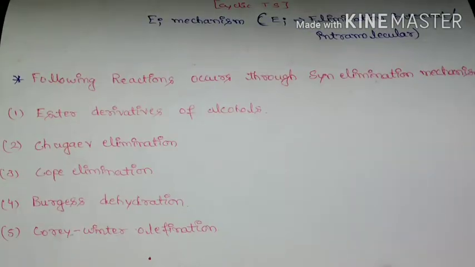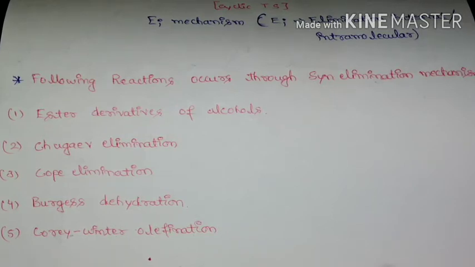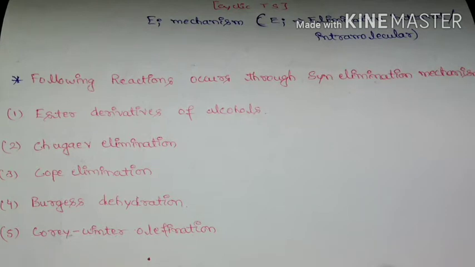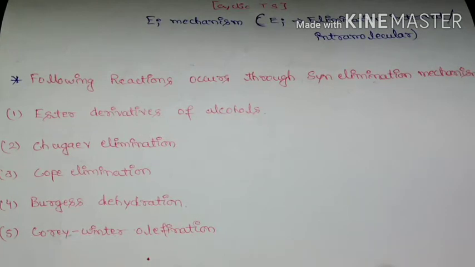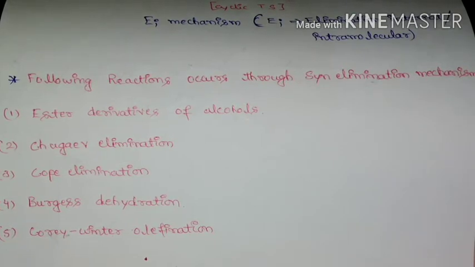The following reactions occur through syn elimination mechanism. First is ester derivatives of alcohols, which follow syn elimination mechanism, that is Ei mechanism. Then Chugaev elimination, Cope elimination, Burgess dehydration, and Corey-Winter olefination.